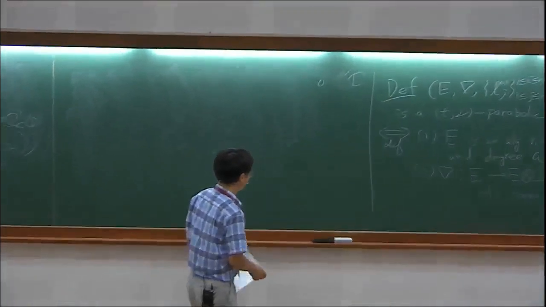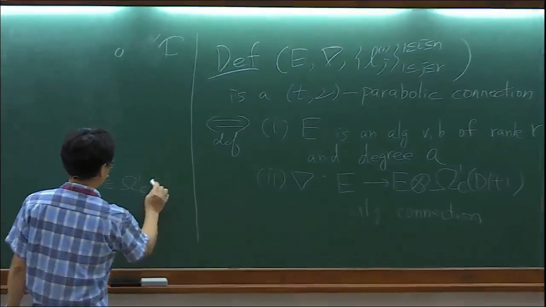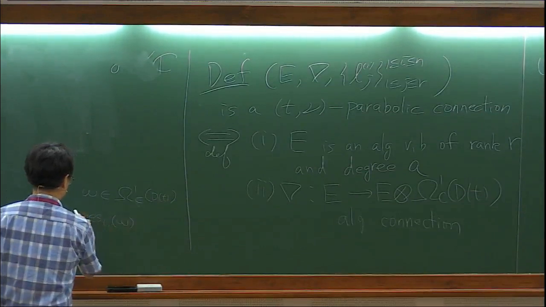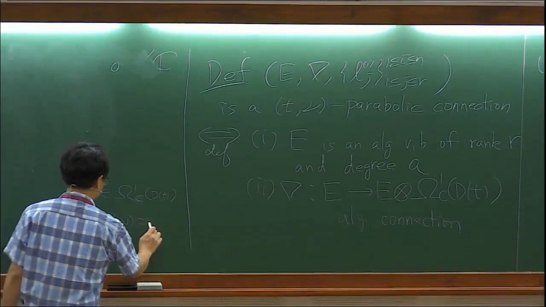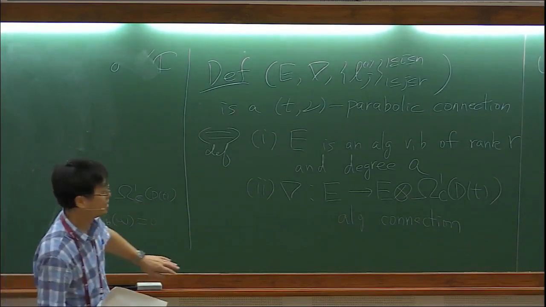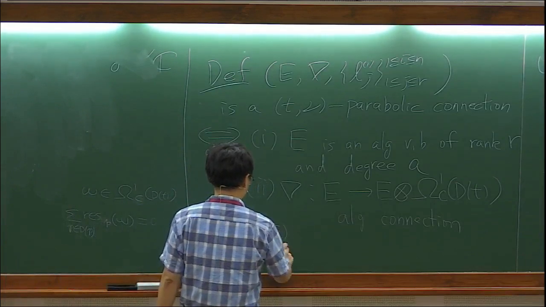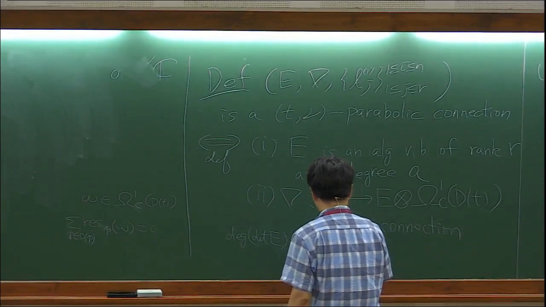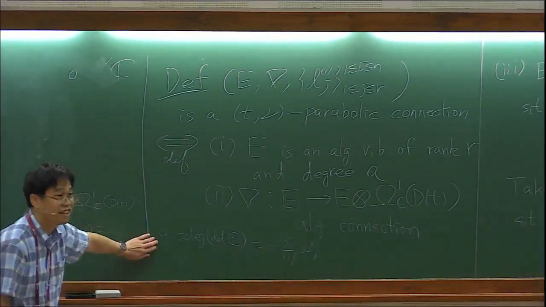That is a certain relative condition. So a rational differential form should satisfy this residue condition, and by using this, the degree of the determinant bundle of E should satisfy this condition with nu_ij, and I put this integer a.